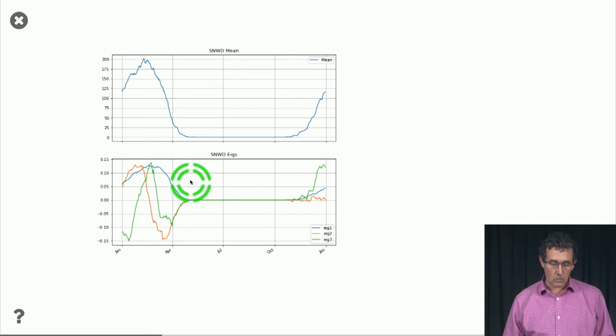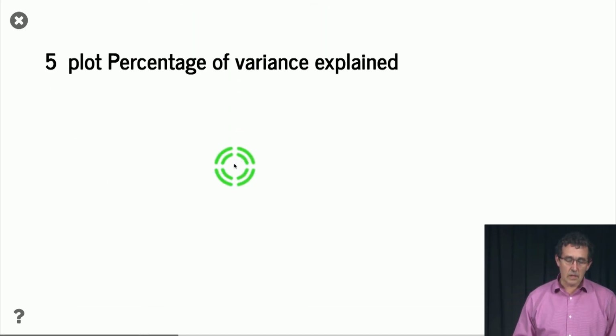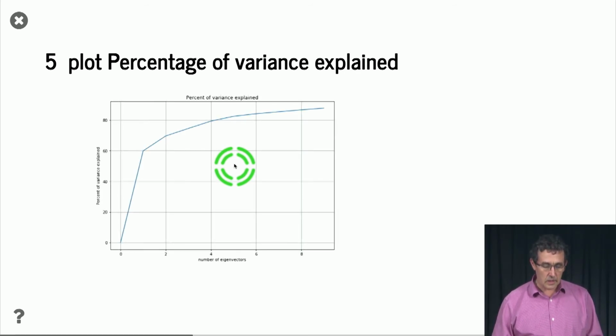So we have the first eigenvector is the blue, the second one is the orange, and the third one is the green. And then we want to see that really these vectors can explain a lot of the way that the real sequences are. And so this is this plot.